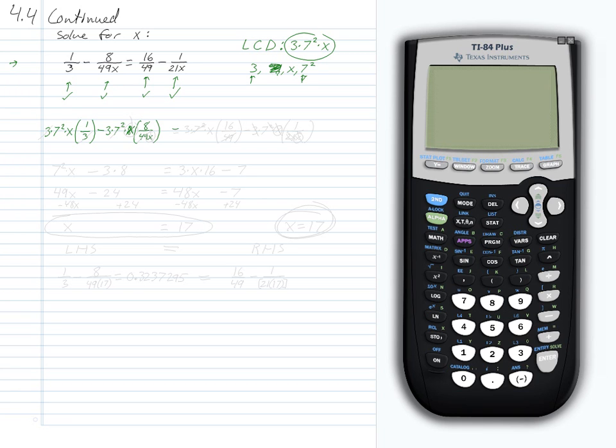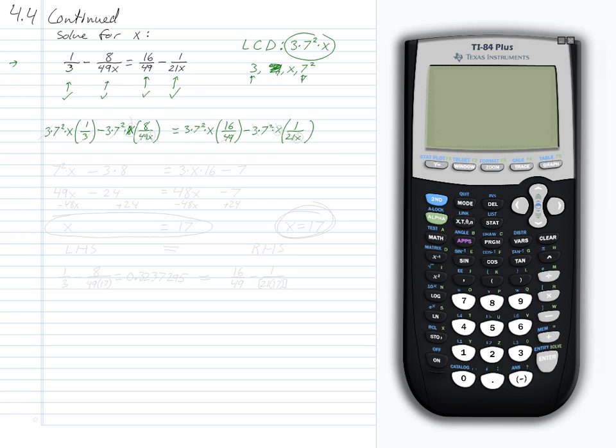And on the right, we'll have 3 times 7 squared times x times the first term, 16 over 49, minus 3 times 7 squared times x times 1 over 21x.